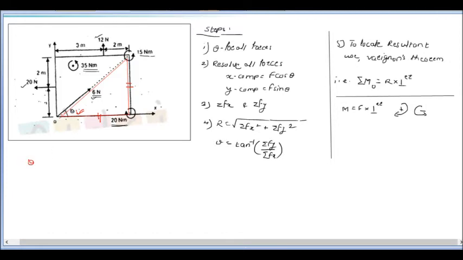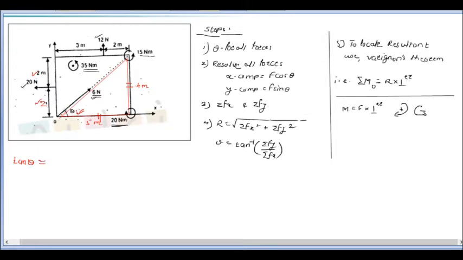For this theta we can see the opposite side is known and the adjacent side is also known. The opposite side is 2 meter plus 2 meter, that is 4, and the adjacent side is 3 plus 2, that is 5 meter. It means we can now use tan of theta, where the opposite and adjacent sides are known.